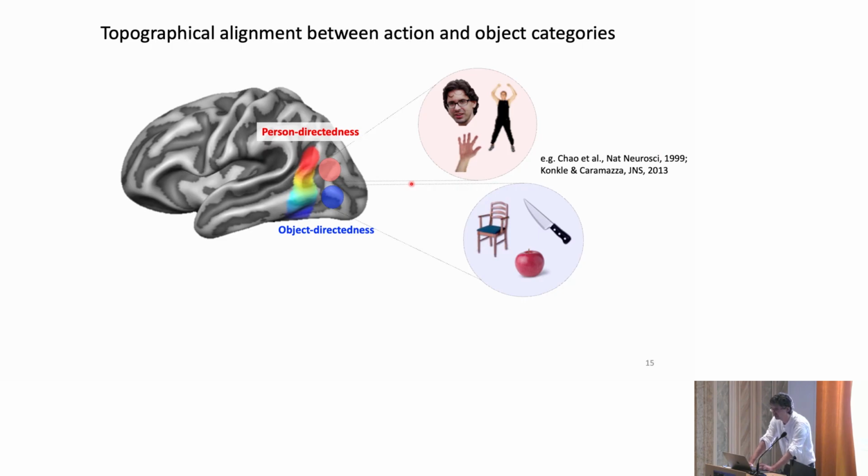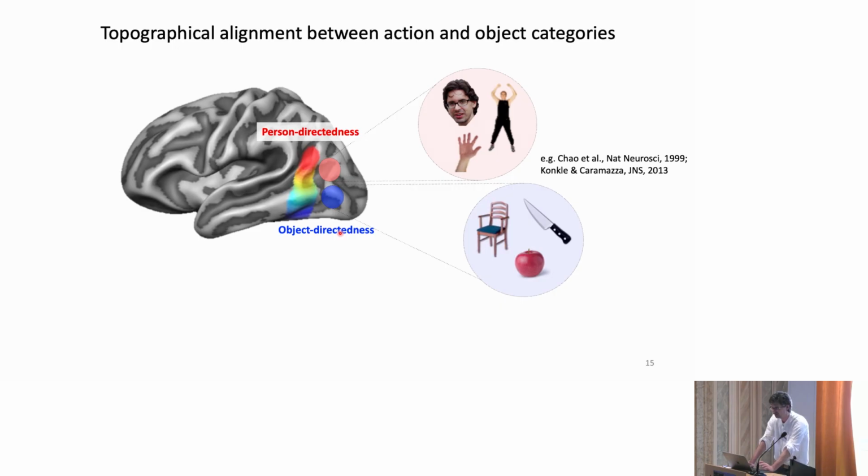Now, interestingly, this action topography is aligned also with the topography of object representations in adjacent, more posterior areas in LOTC that I've just talked about, for example, the EBA. So specifically, the animate-inanimate distinction that segregates body parts, faces, and their movements, so these representations are found more dorsally, from tools and other inanimate objects which are represented more ventrally in the posterior LOTC.